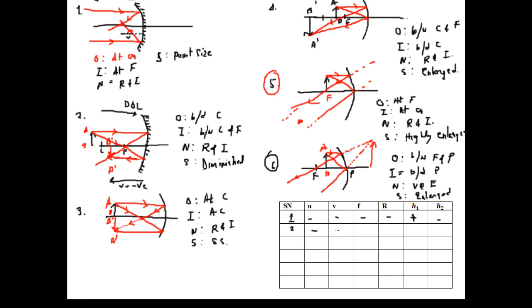Fifth one. Here U is negative, V, which is at infinity, negative. What kind of image is this? Real and inverted. So H1 would be positive and H2 would be negative.